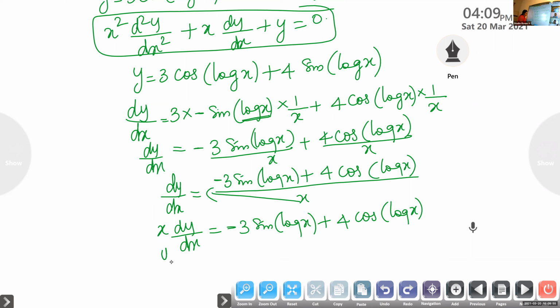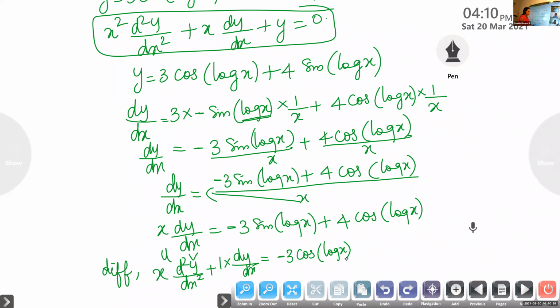So first function, this is u, this is v. So I'm going to differentiate it. When you differentiate it, the first function you keep as such. What is the derivative of dy by dx? It is d square y by dx square, plus the second function you keep as such, derivative of x, which is 1, equal to minus 3 into, what is the derivative of sine x?